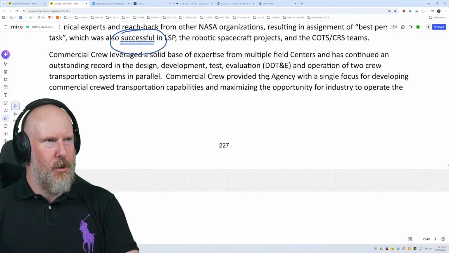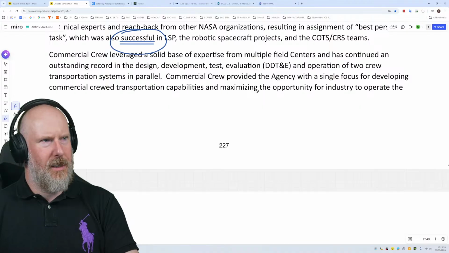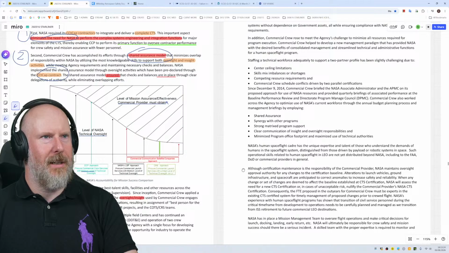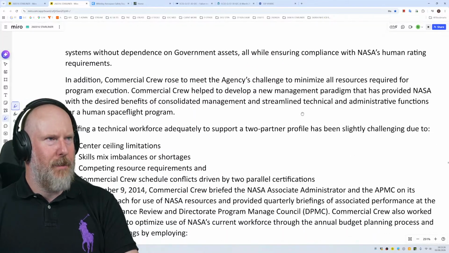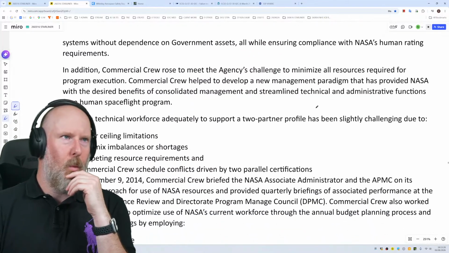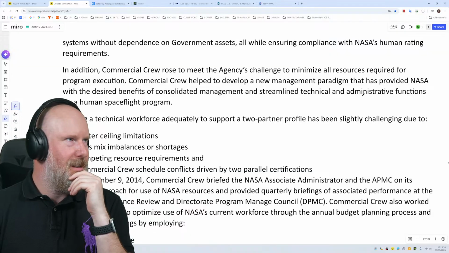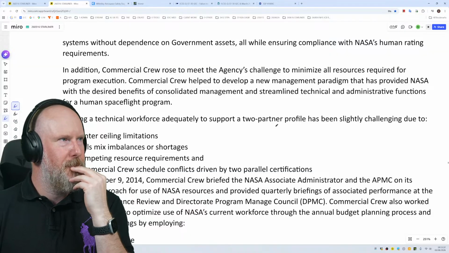Commercial crew provided the agency with a single focus for developing commercial crew transportation capabilities and maximizing the opportunity for industry to operate the systems without dependence on government assets, all while ensuring compliance with NASA's human rating requirements.